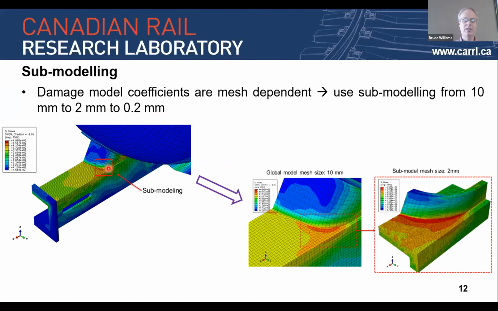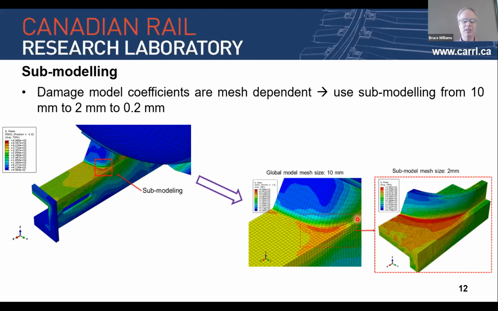I should note that we did not use a weld material model in this work. It's a little bit different, but we wouldn't really expect to see damage with a weld model anyway, unless we had a crack present in the weld regions.